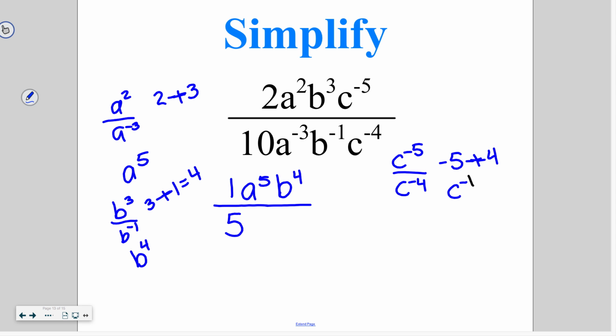So we're going to move that c to the 1st power down to the denominator to make it positive. So when you are solving these problems, if you end up with positive answers, those are going to stay in your numerator. When you subtract, if you end up with a negative answer, that is going to end up in the denominator of your fraction.